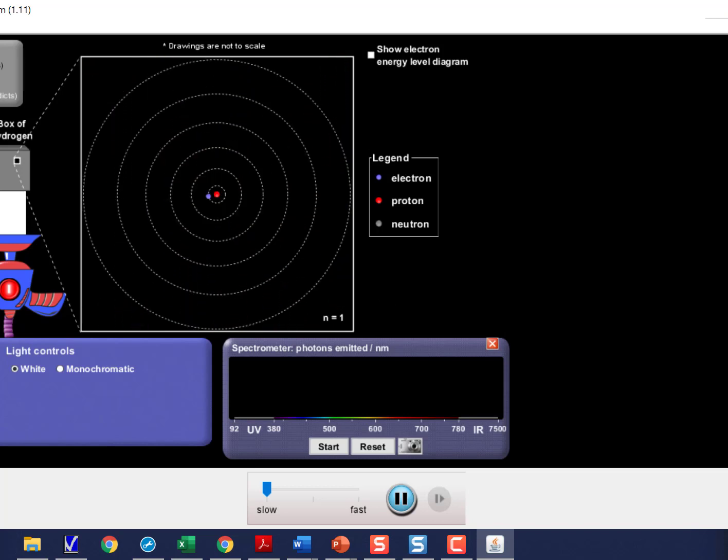So Bohr said it's like a solar system except the rings are fixed, and the electron jumps around when it gets hit. Notice that it gave off a red one when it went from there to there. Now let's start collecting this.